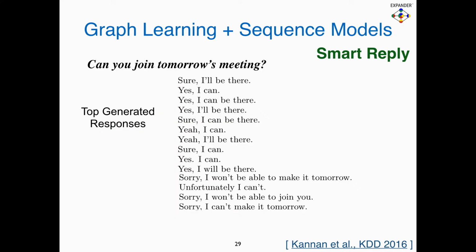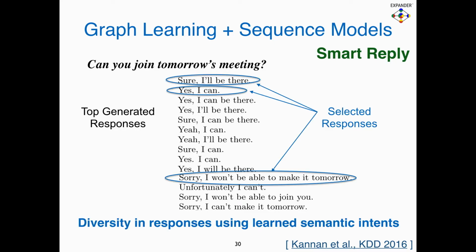So how do you deal with that, right? Now if you look at those responses for a different message, can you join tomorrow's meeting? Again, the same problem manifests, but instead, if you look at the predictions and we already understood the response intents, we can actually enforce diversity. And so this is what you need. It's not a single ML system that always produces the best output. In order to build a good user experience, we might have to combine different machine learning paradigms, different machine learning systems.